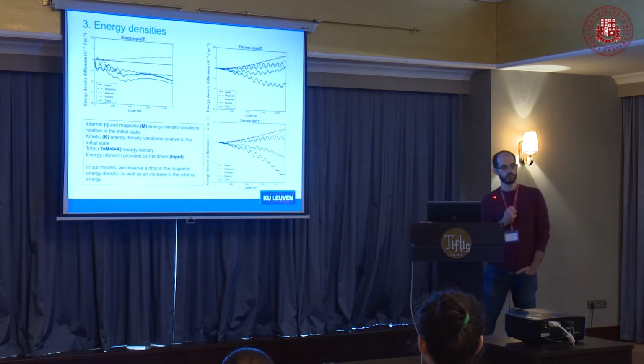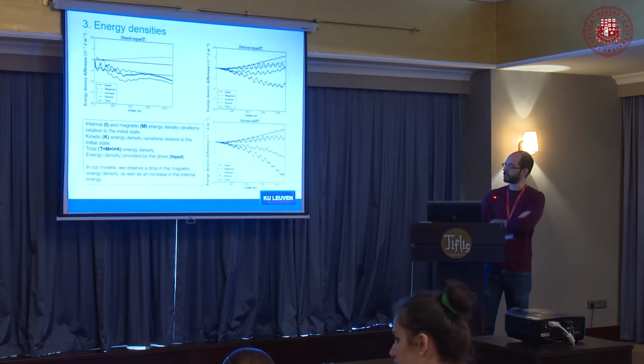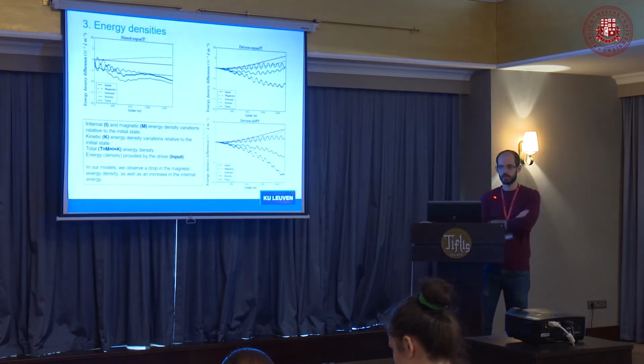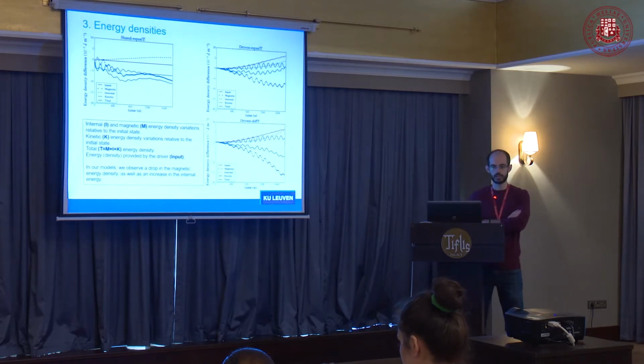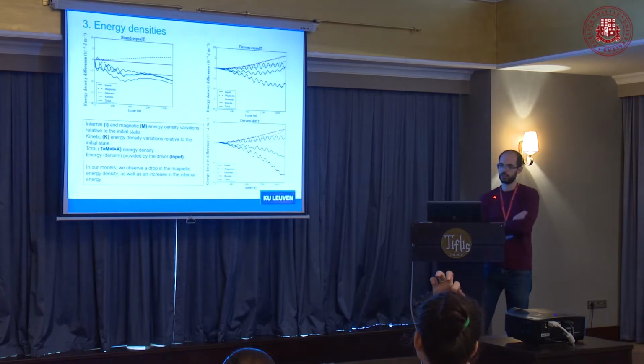Here I would like to show you what we found about the energies in our system. We show here the input energy that we give through the driver. We show the internal energy, the magnetic energy, and the kinetic energy, and the sum of kinetic, magnetic, and internal.